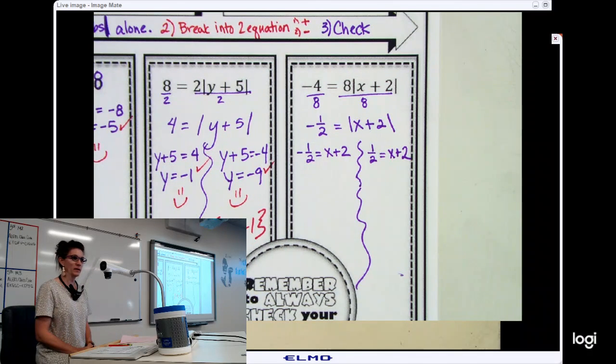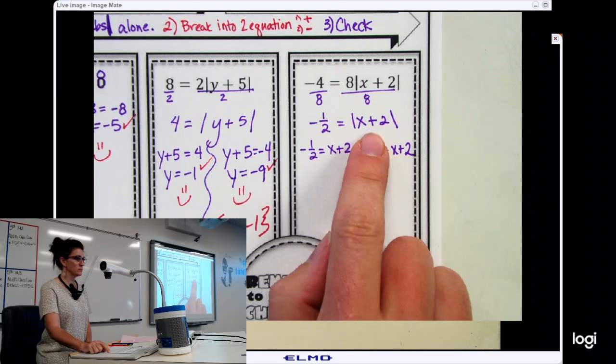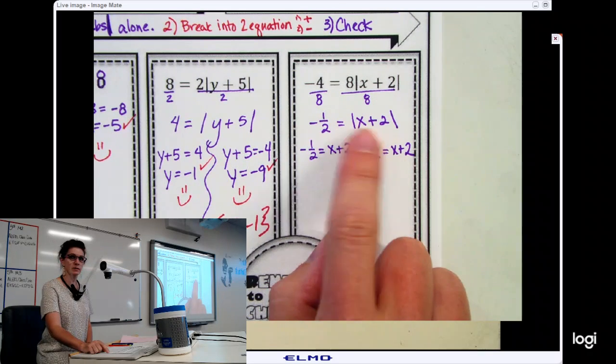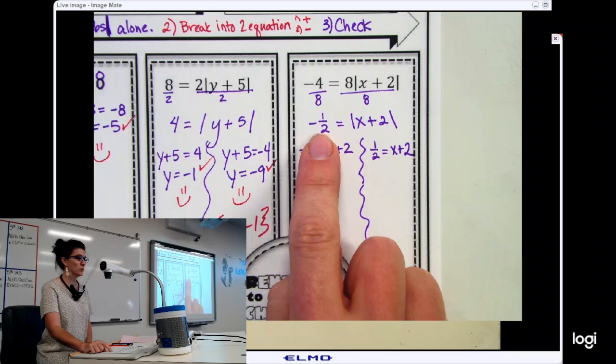Is anybody picking up on something weird in this problem? It's a negative. It is a negative. What does that mean? You can't do it. Why not? Because an absolute value is always going to be positive. You guys catching what Jacob's saying there? This says the absolute value of whatever is in here is going to be a negative number.